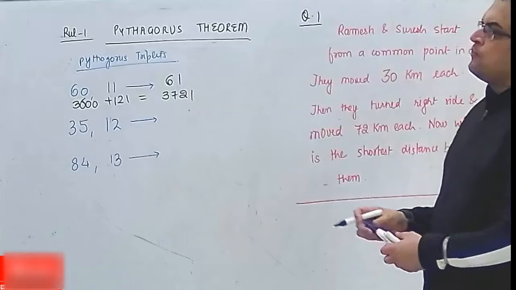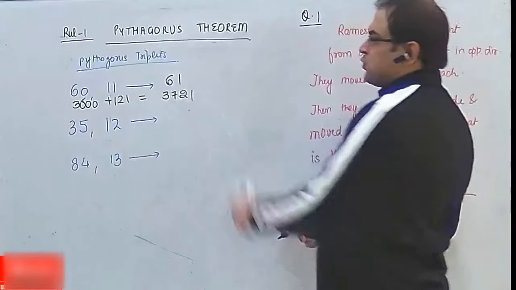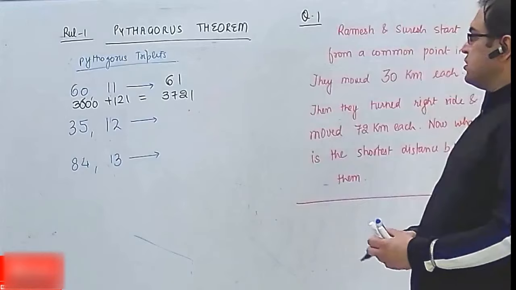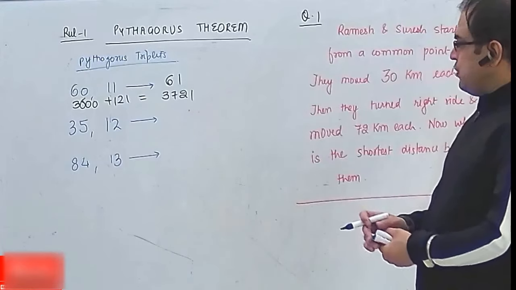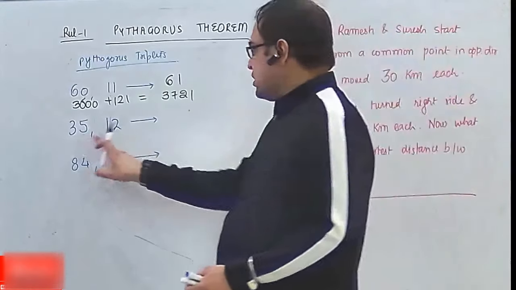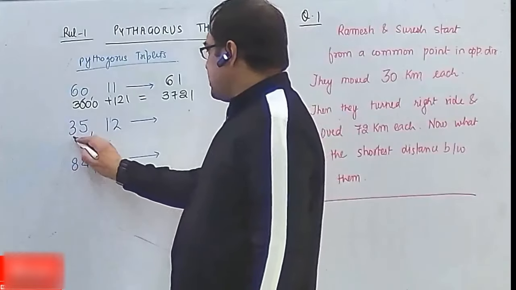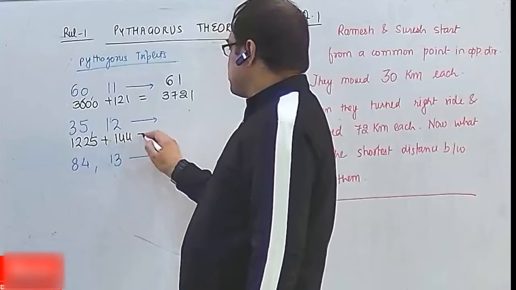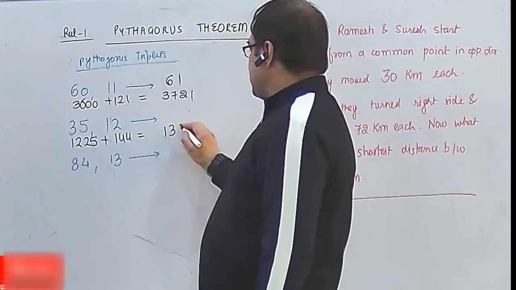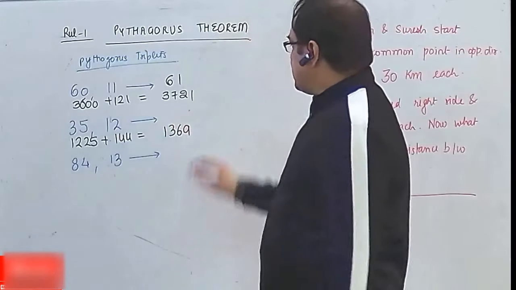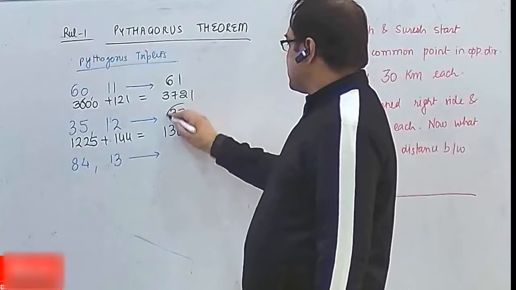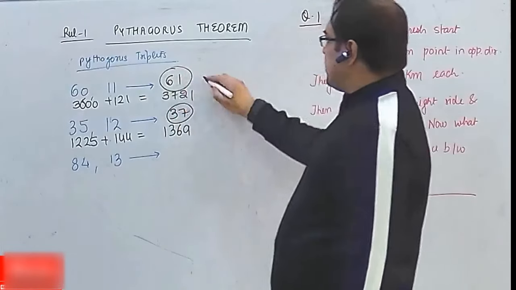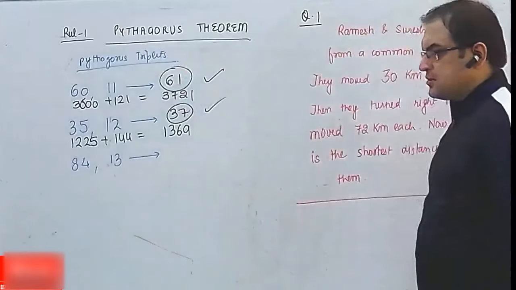We will tell you in the fundamental class of squares how it is the square of 61. Now the next one, 35 and 12. 35 square is 1225 and 12 square is 144. So this comes out to be 1369, and this is the square of 37. So 61 is the first answer, 37 is the second answer.